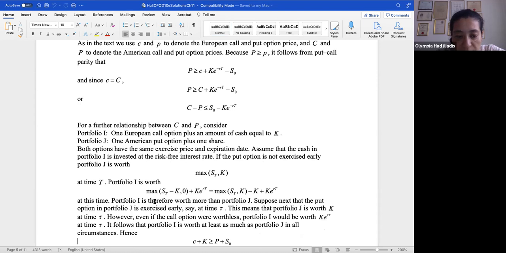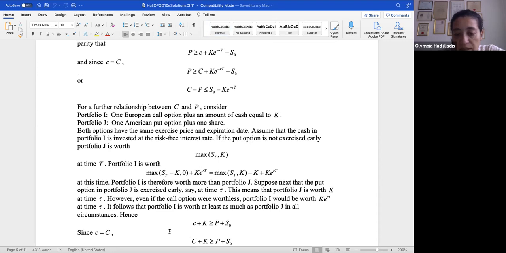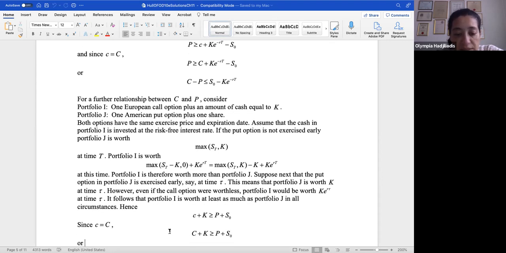Suppose next that the put option in portfolio J is exercised early, say at time tau. This means that portfolio J is worth K at time tau. However, even if the call were worthless, portfolio I would be worth K e to the r tau at time tau. It follows that portfolio I is worth at least as much as portfolio J in all circumstances. Hence, c plus K e to the minus rT is greater than or equal to P plus S0.